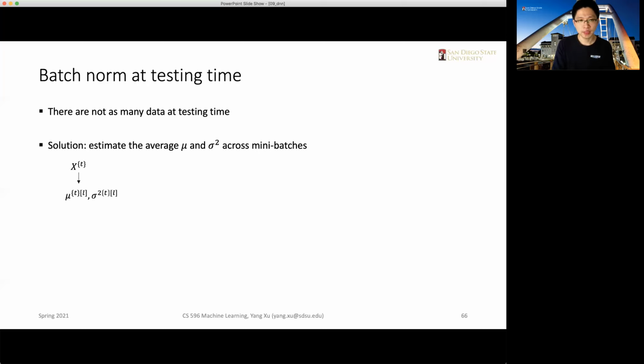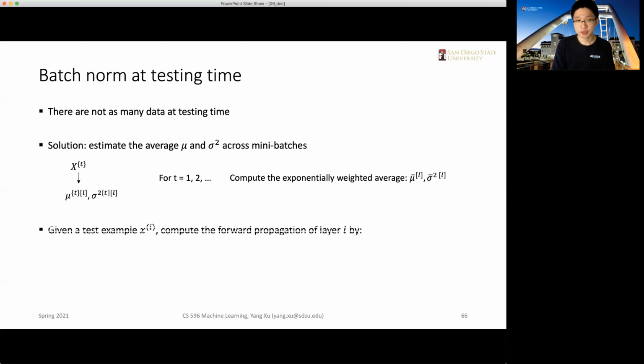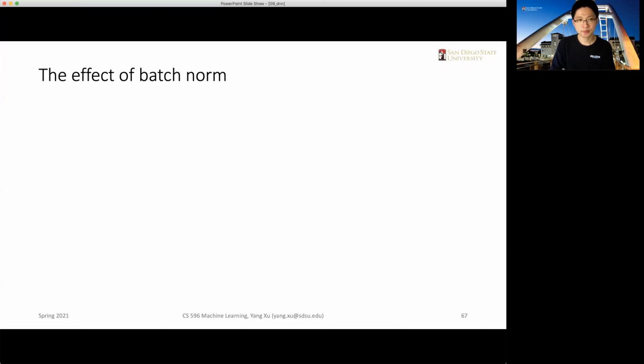From each mini batch, we directly estimate the mu and the sigmas, and we accumulate them, and we compute the mean values for the mu's and the sigmas. Given a test example, we will not use the mu's and sigmas from the test example, but the average mu's and sigmas from the training examples. So in the testing stage, the z bar will be computed like this, and z tilde like this.